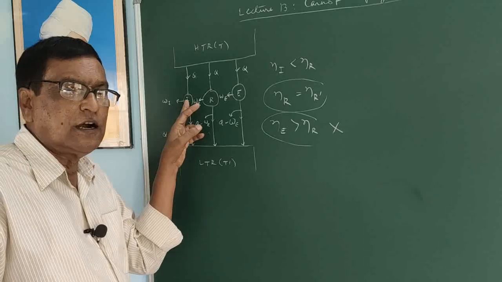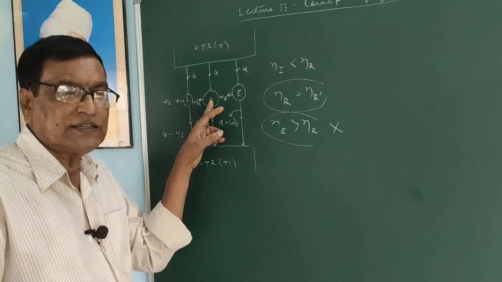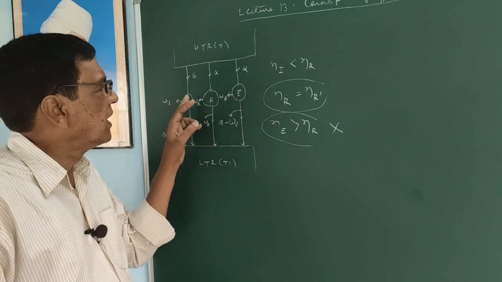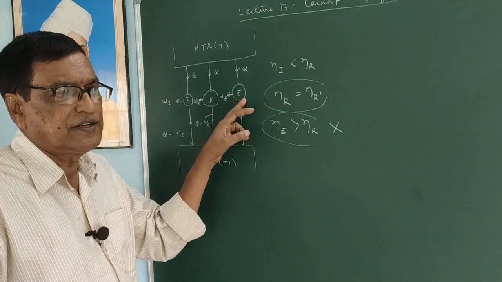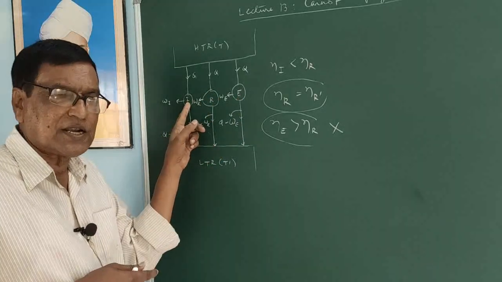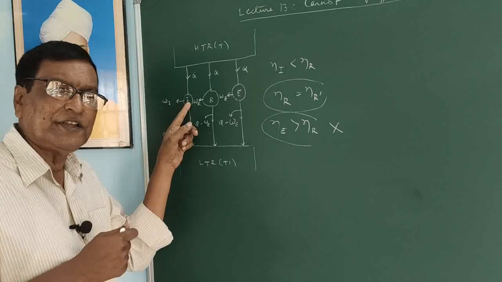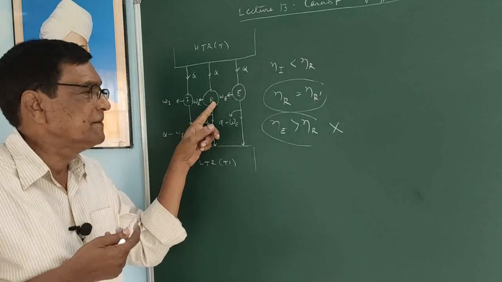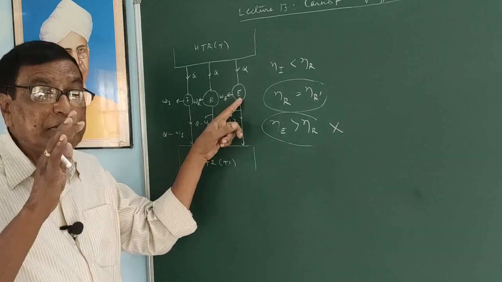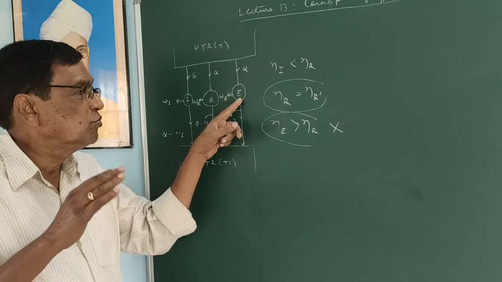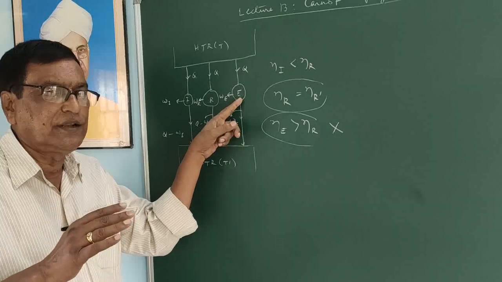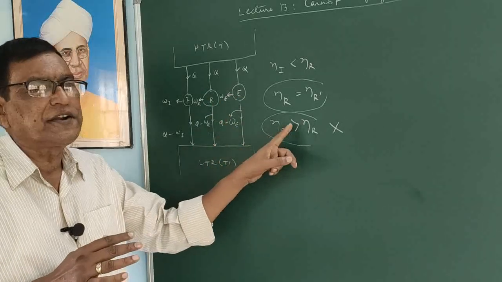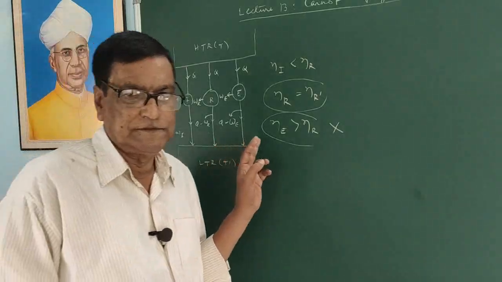This is a real engine, and this one is the idealized Carnot engine. So I write the three engines side by side. This is the real engine that we can construct, whose efficiency is less than the Carnot engine. This is the reversible engine with maximum efficiency. And this one is the impossible engine, which could not be constructed in any way by any automobile engineer, whose efficiency would be greater than the Carnot efficiency.